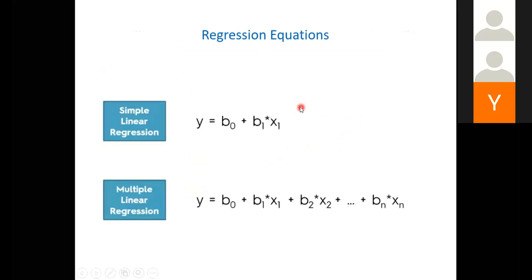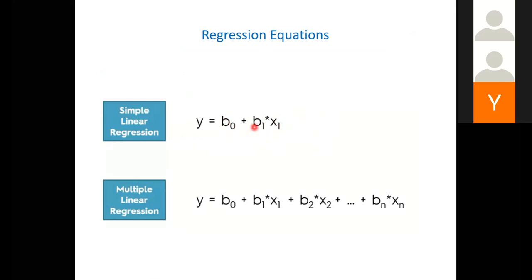Now, B1: this equation is for simple regression, that is only one variable. B1 x1, where x1 is the value of the variable x, and B1 is the regression coefficient for it. So all we need to do now is to get B0 and B1.